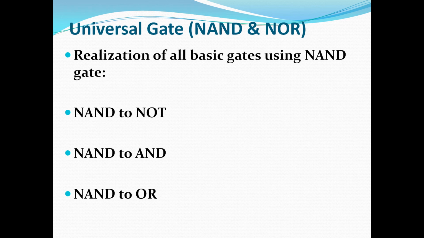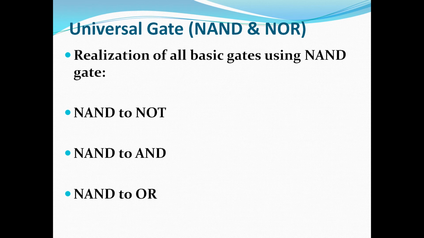Next is the universal gate: realization of basic gates using the NAND gate. Realization means we are studying how to implement the basic gates using only the NAND gate. First we study how to implement the NOT gate, then the AND gate, and then the OR gate, using only the NAND gate.